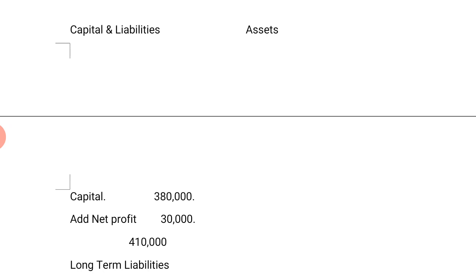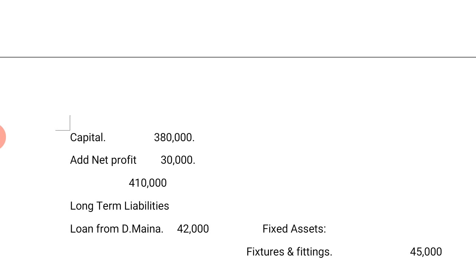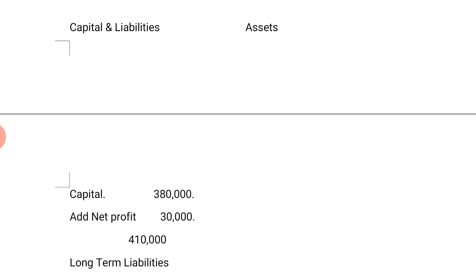So our capital, according to the question, is 380,000 naira. So we now add our net profit from the trading profit and loss, that is 30,000 naira. When you add the two together, you get 410,000 naira.